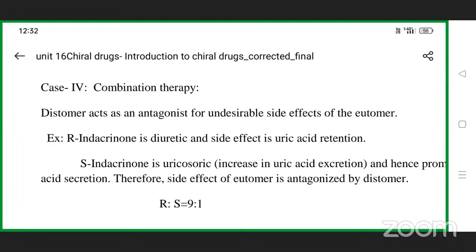Antagonist means when the actual production of your natural neurotransmitter, your chemical messenger, is too high, then to decrease it we use the antagonist.